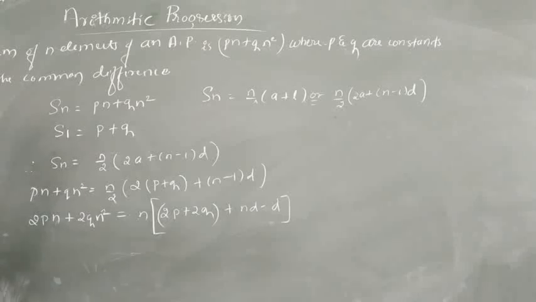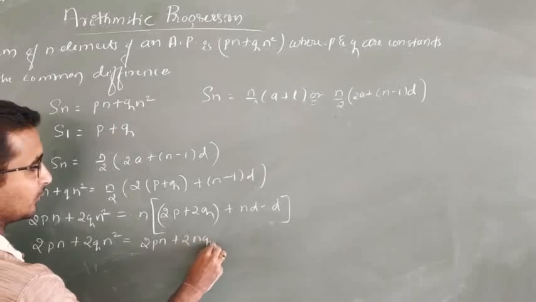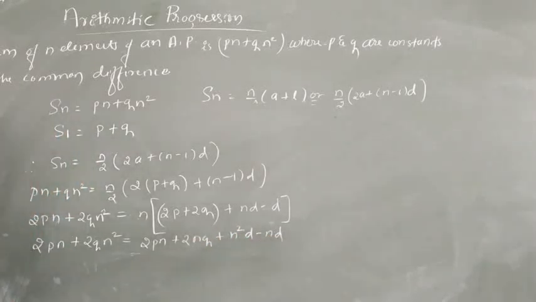Multiply n again inside the bracket, then 2Pn plus 2Qn square is equal to 2Pn plus 2nQ plus n square d minus nd. Okay. So here one of the 2Pn gets cancelled.